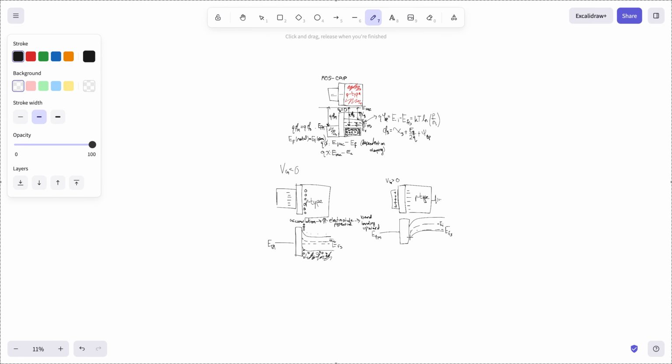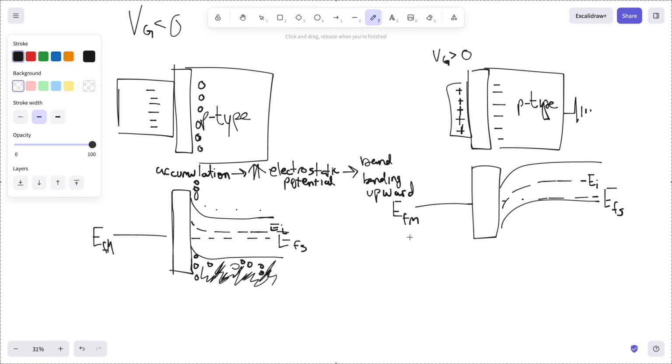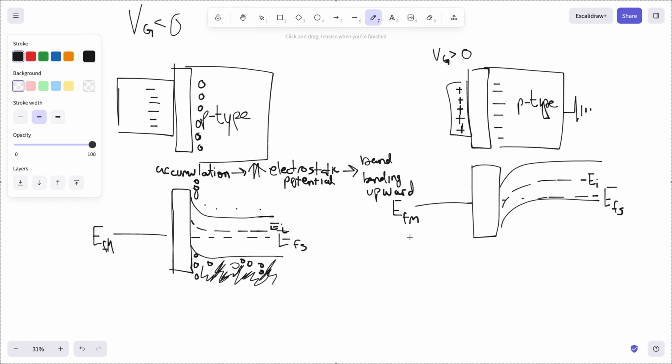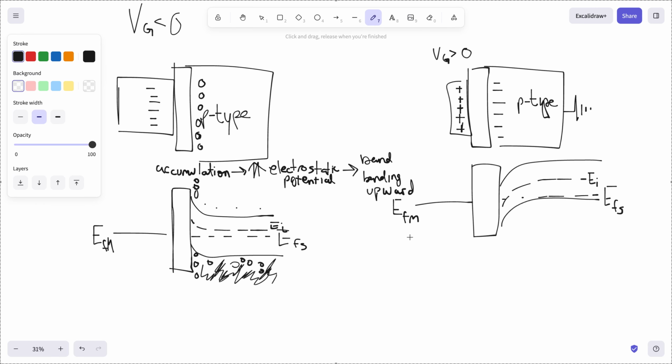So in practice, when we have a MOSCAP that uses a p-type semiconductor, we really only ever apply a positive voltage to it. Oh, and I should mention, this is called depletion, right? Because the other one's called accumulation.